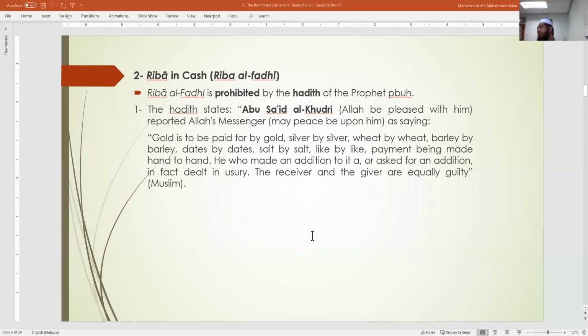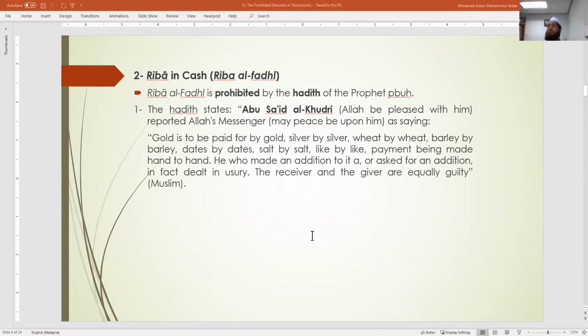Now we are talking about a trade. We want to exchange two commodities. When I exchange two different commodities, what should be the measurement? Can I go extra? Can I delay? When these things come up, then we have riba in cash.